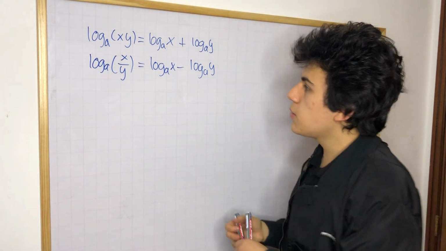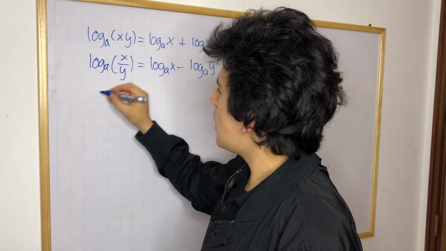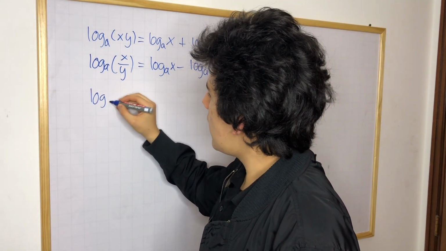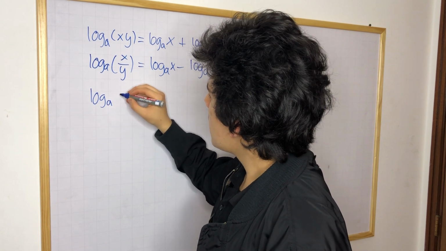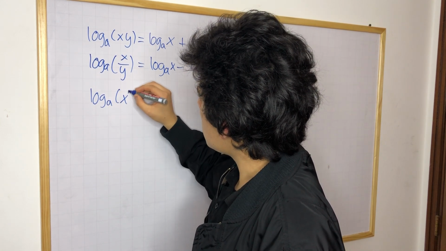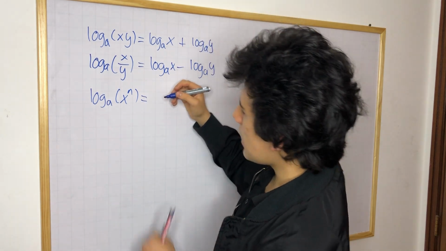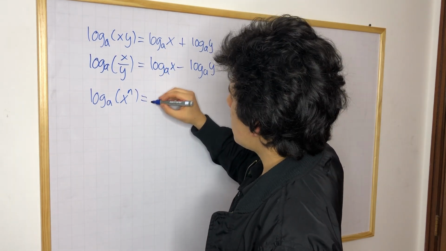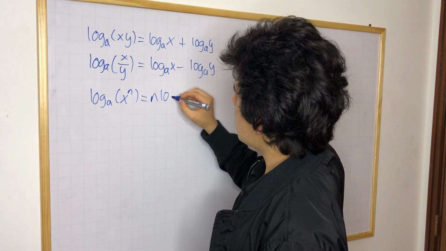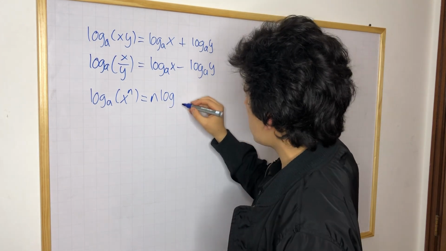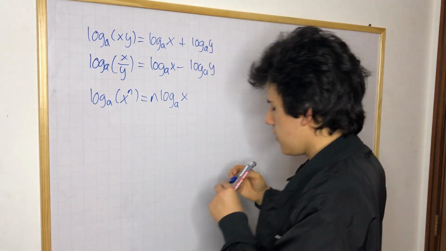Now we have another one, which is this one. If you have log base anything, I'm going to go again with a, of x to the n power, this is the same as if you grabbed n and moved it to the front, so you did n times log base a of x, okay?